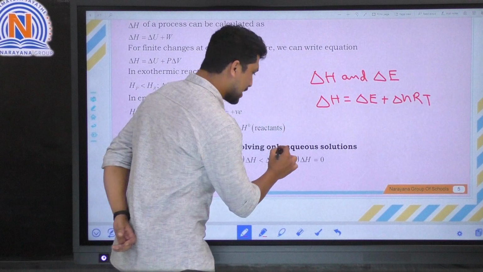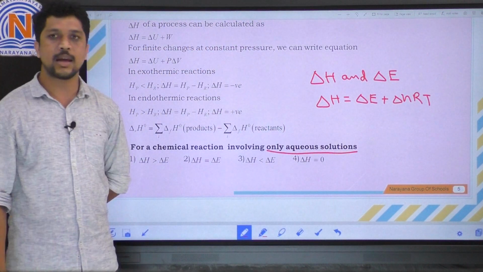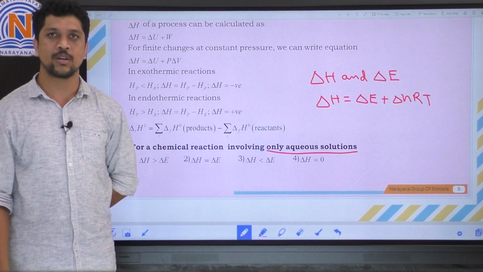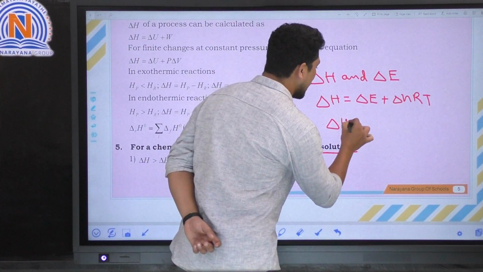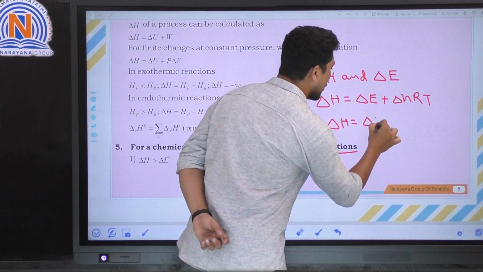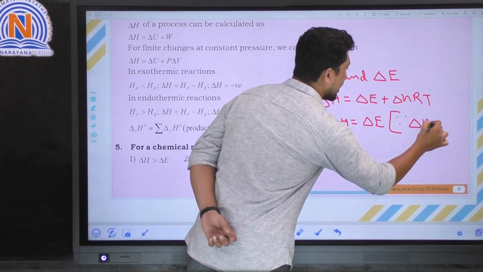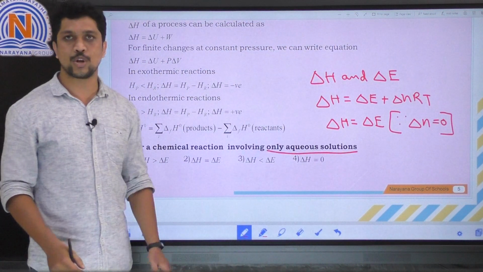The condition given is only aqueous solutions. For aqueous solutions, delta n equal to 0, right? If delta n equal to 0, then delta H will be equal to delta E.